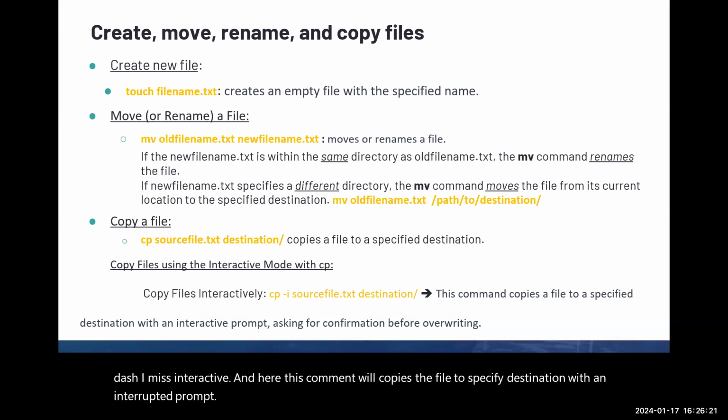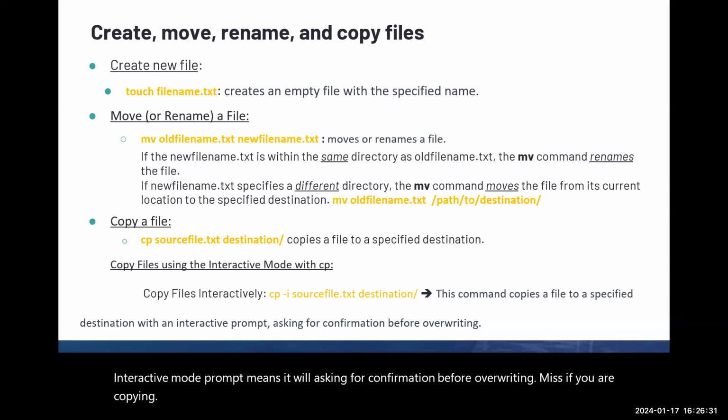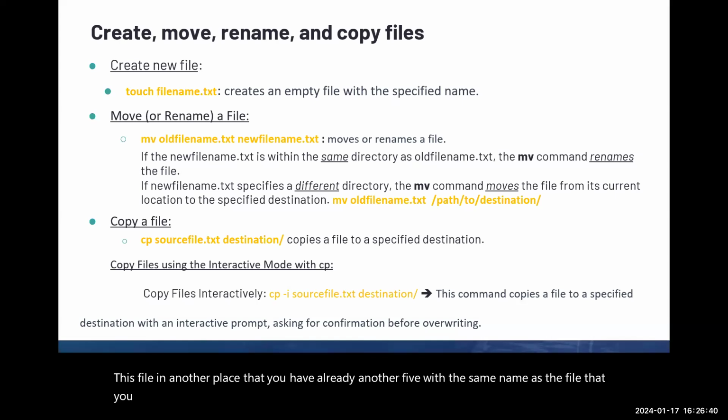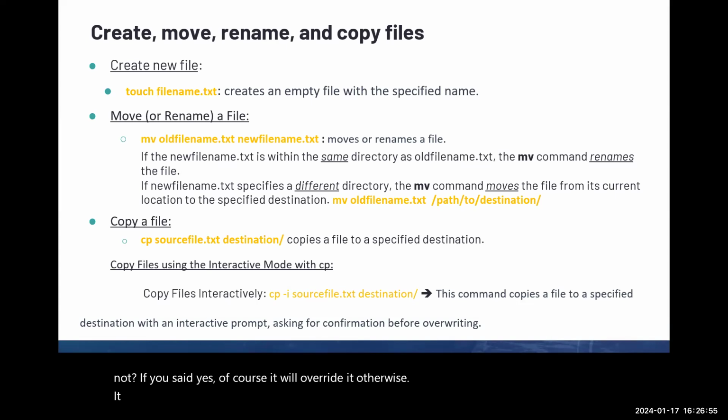Interactive mode means it will ask for confirmation before overwriting. If you are copying this file to another place that already has a file with the same name, it will ask whether you are sure you want to overwrite the existing file. If you say yes, of course, it will overwrite it. Otherwise, it will create another file.